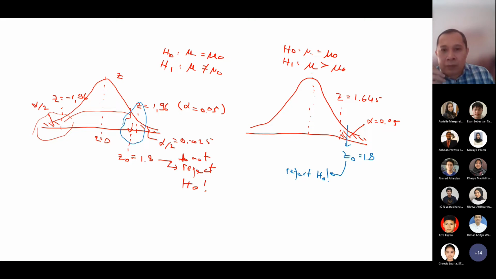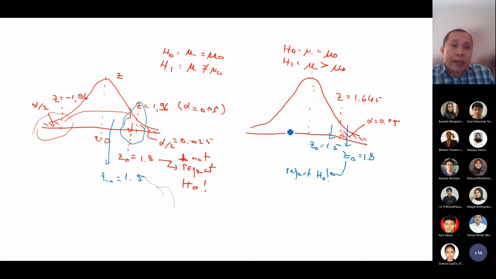Let me give you another example. What if the Z0 is, let's say, 1.5? Here the Z0 is 1.5. Now, it doesn't matter if we change H1, the conclusion stays the same. We do not reject H0.